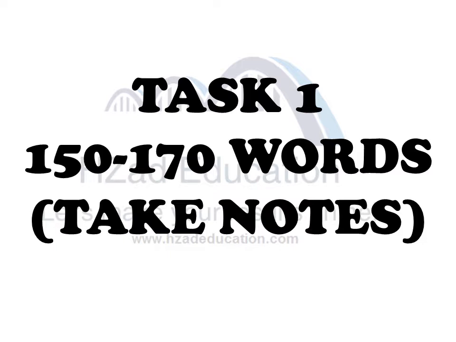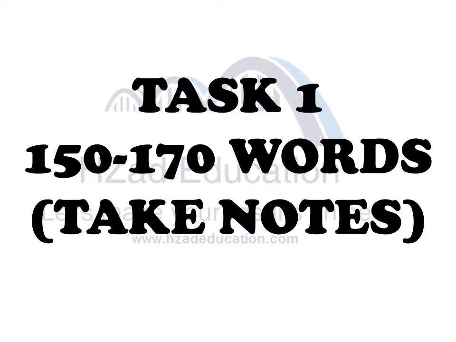Task 2 obviously is 250 words, so that's why we have a different time division. The other thing is task 1 scores less than task 2, so you don't need to pay it that much attention. Your task 2 is more important, and we'll be covering the structure of task 2 in another video. For now, let's talk about task 1 more.